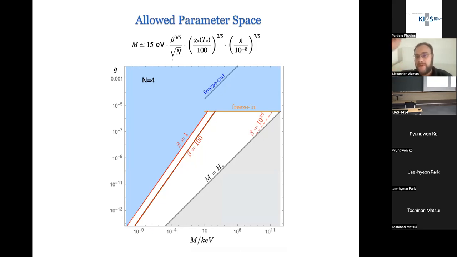Then somewhere even above, for larger coupling constants, there is freeze-out, but for much higher values. And why is it a white space? Because on the left, you have the border where beta becomes less than 1. Then we are out of the perturbative regime, right? And to the right, there will be the moment when you cannot hold the condition that the mass should be larger than h.